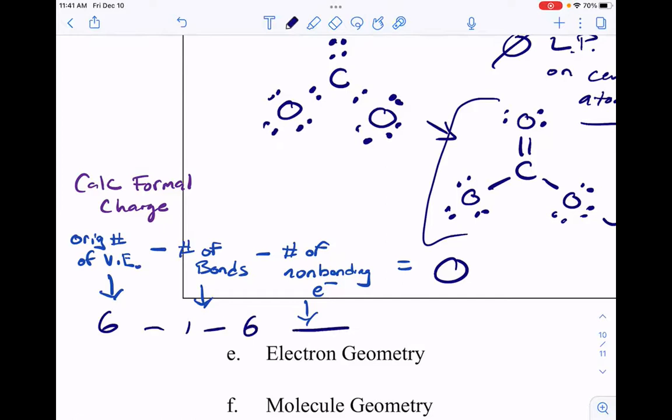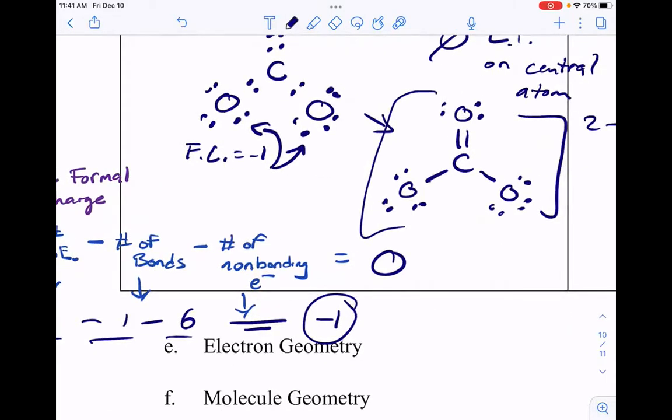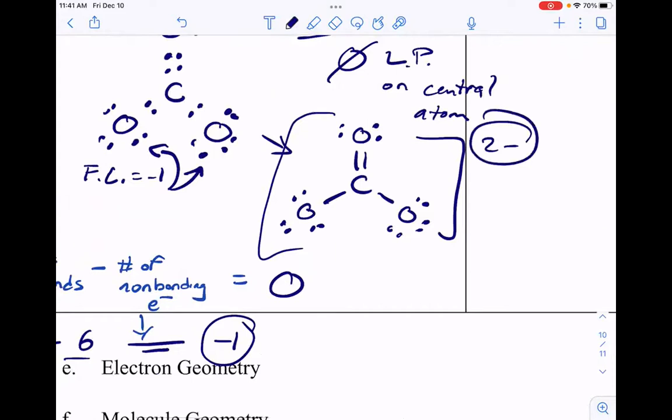And so overall, 6 minus 1 minus 6, that's -1. And so the formal charge for this oxygen is -1. Since the bonding pattern is the same, the formal charge is the same for both of these oxygens. So -1 plus -1 is -2. This is the reason why carbonate has an overall charge of -2. It's from the formal charges of the surrounding atoms.